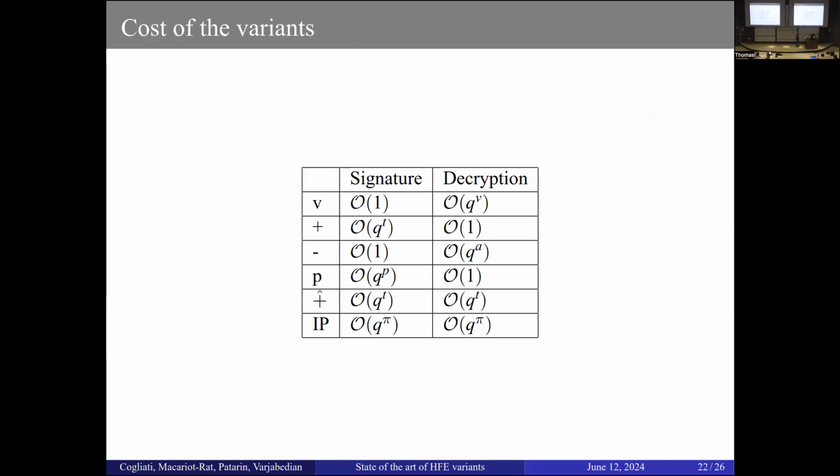Bear in mind that all of these variants do have a cost. If we want to use the variant minus, for instance, in decryption, it will have a high cost. On the other hand, if we use it on signature, it will be almost free. IP does have the same cost in signature and in decryption.